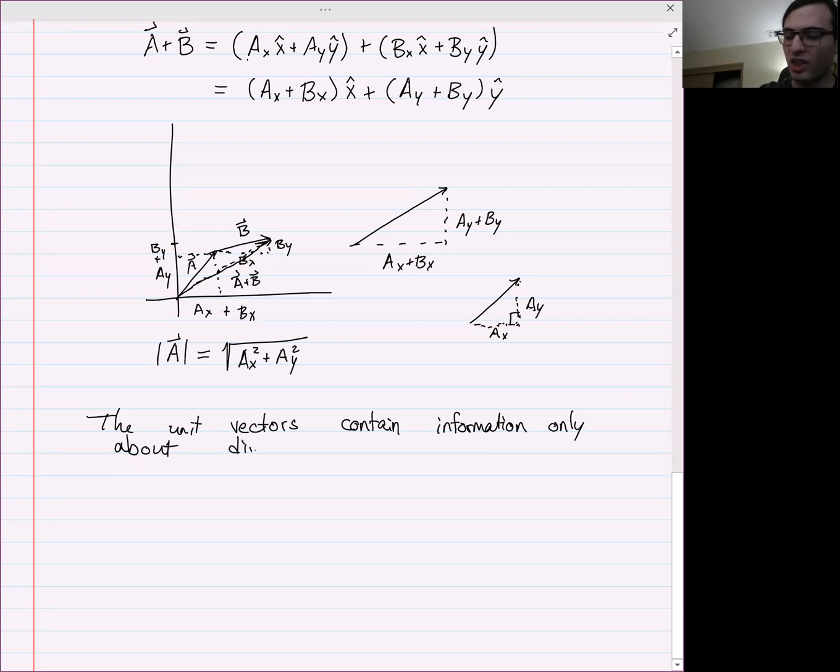The point is they're just there to be the part that gives direction to a vector. So a vector has a magnitude and a direction. The unit vectors are just there to make sure that the parts that we're talking about are still vectors.